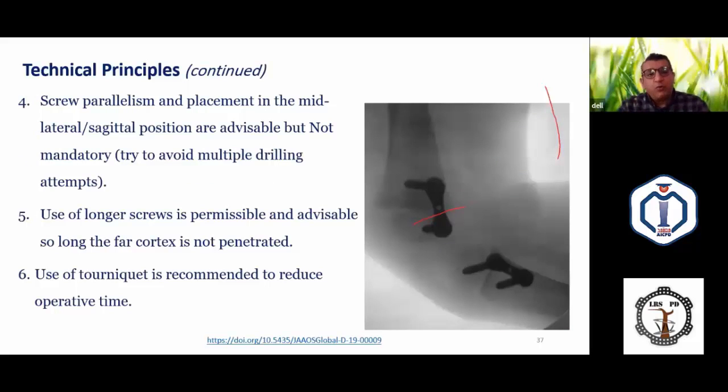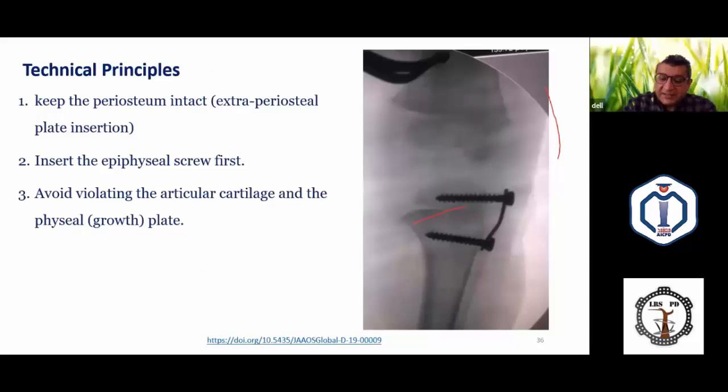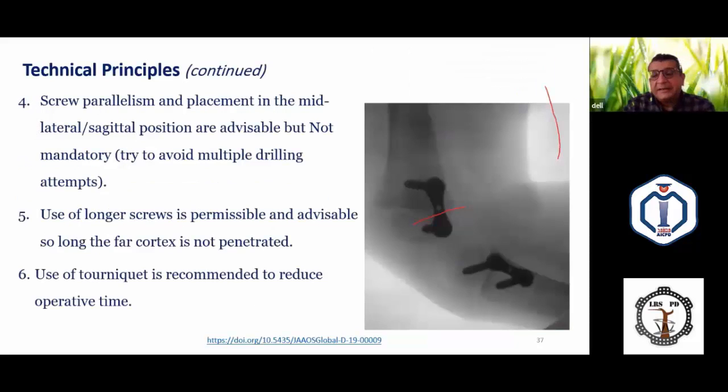So, screw parallelism, as we have demonstrated here in this example, is advisable. And in the other example, we have demonstrated placement of the screws in the mid-sagittal or mid-lateral plane. It's advisable, but it's not mandatory. It's not a must. If you can achieve it with minimal or one attempt, it's fine. That's what we should aim at.